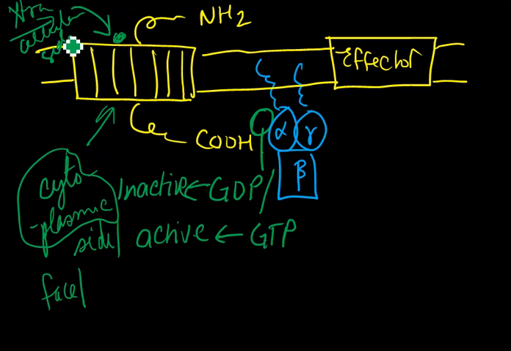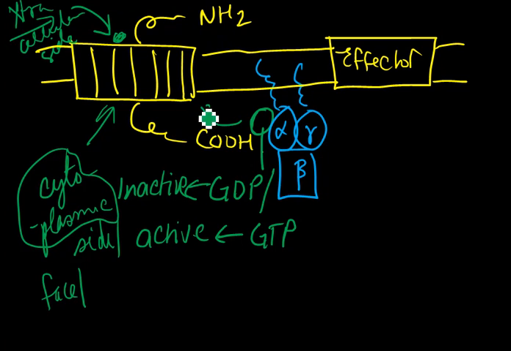This in turn leads to an increase in the receptor's affinity for the G protein that is present on the cytoplasmic surface. So when the ligand binds to the receptor, there's a conformational change here, and whatever that conformational change is, it increases the receptor's affinity for the G protein.